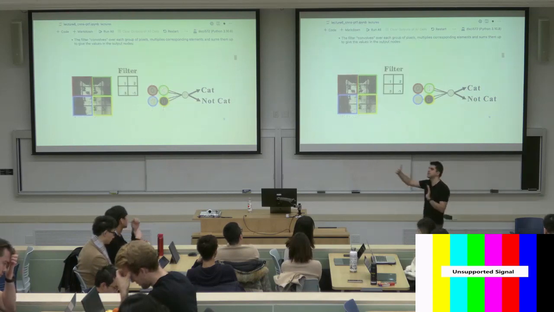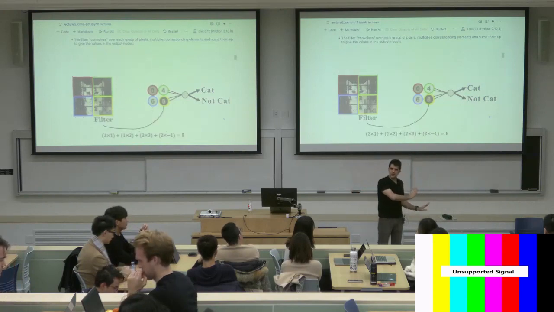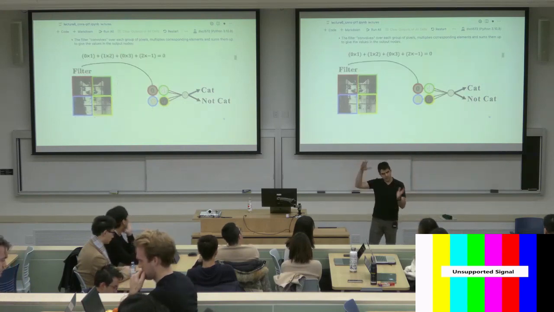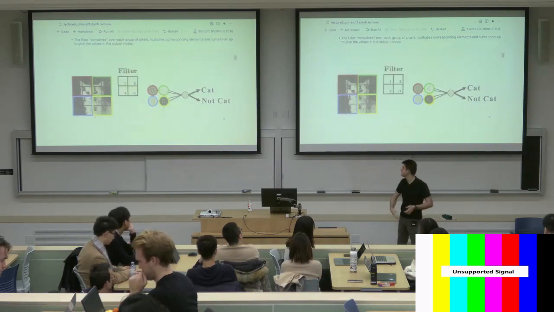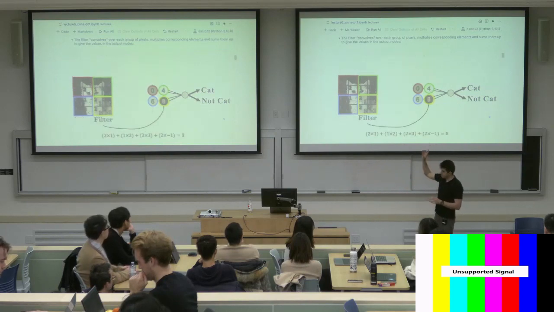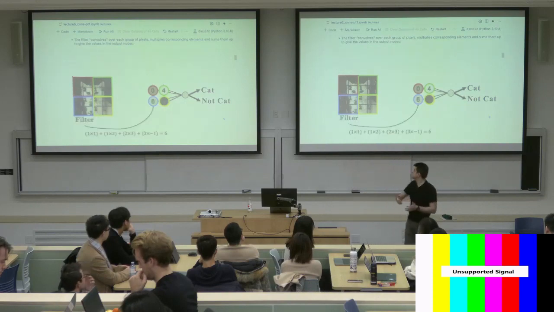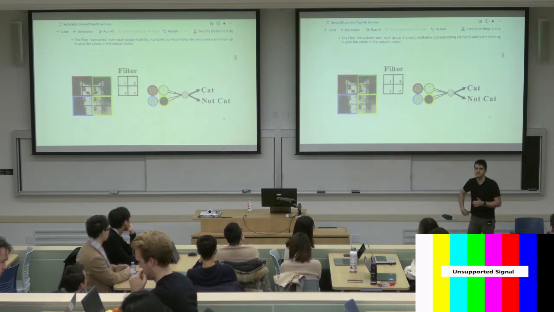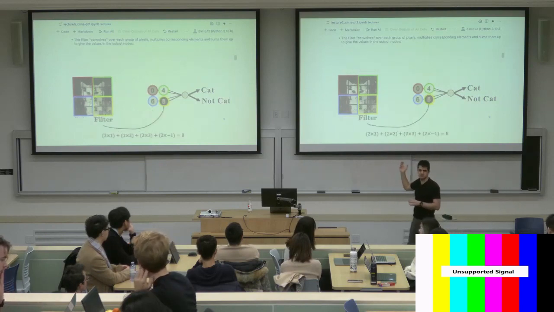That's what a neuron in the next layer does. We take the outputs of all of the neurons in the previous layer, multiply them by a weight, and add them up. Here we do kind of the same thing. We take the weight multiplied by the pixel values, and we add them up to come up with a new pixel in the newly generated image.